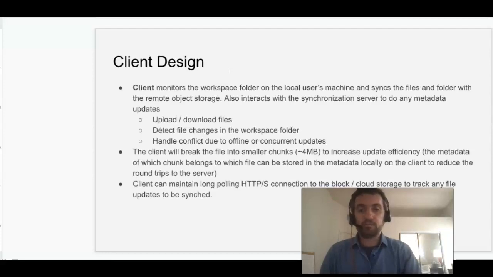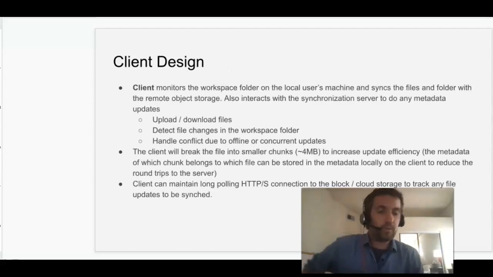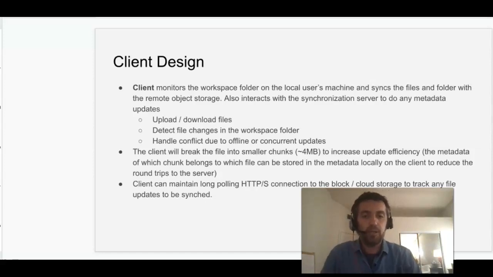Very critical. And for Dropbox, the reason why it's so interesting is that the client is really important here, because the client is actually performing a lot of functions. Not only does it upload and download files, it also detects changes in different folders. It can handle conflicts when there are multiple users making a change to a file at the same time or about the same time.